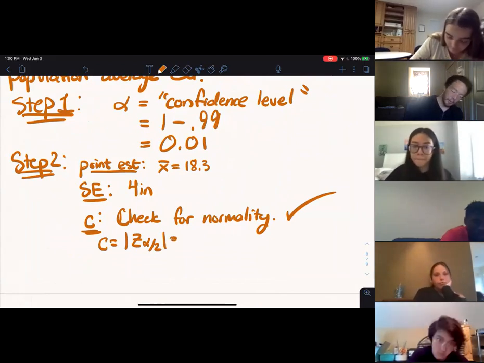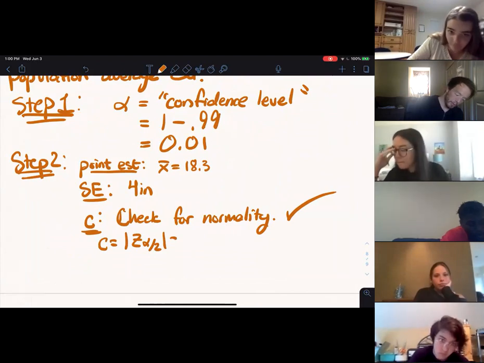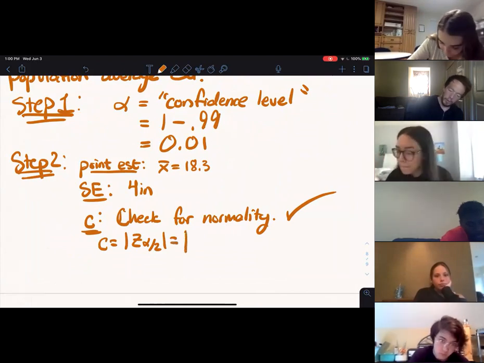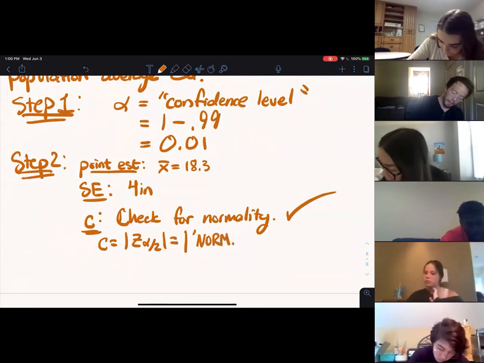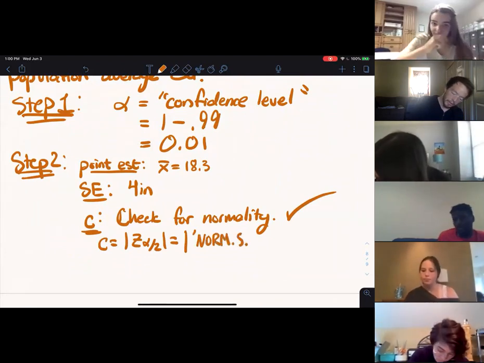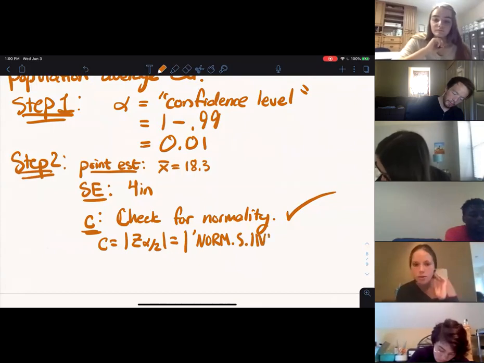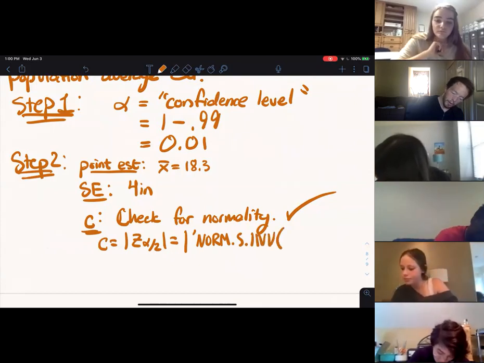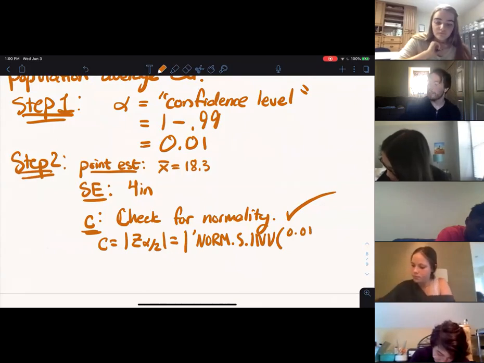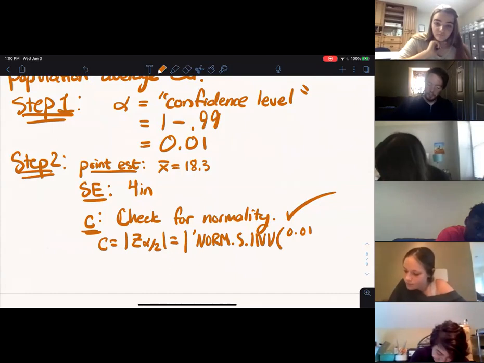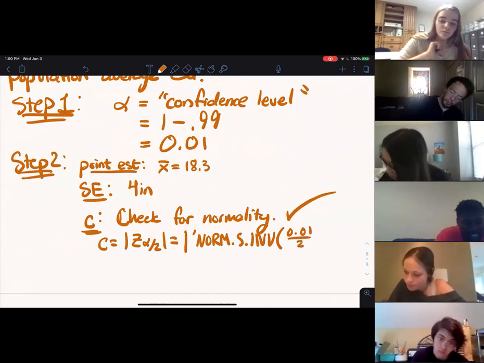which is equal to, we can use Excel to calculate, it is NORM.S.INV of 0.01 over 2, right?